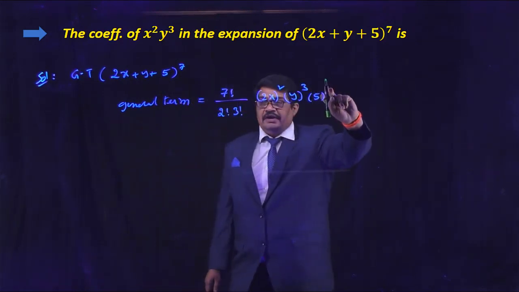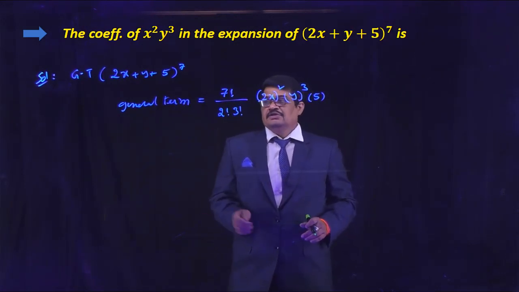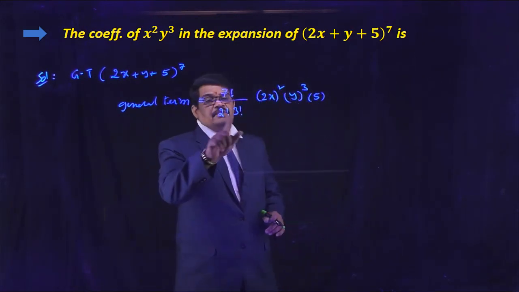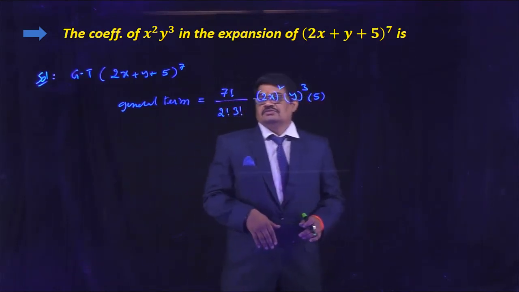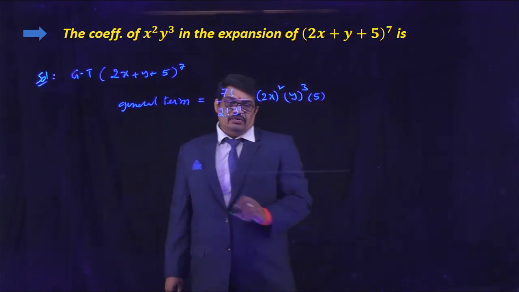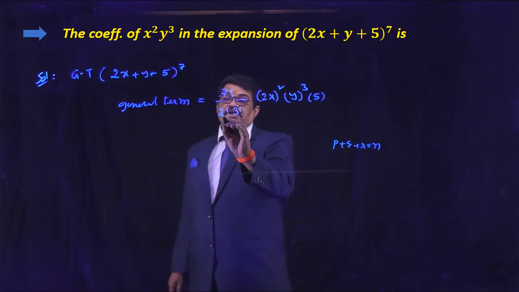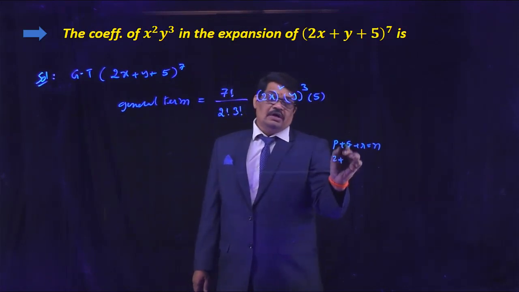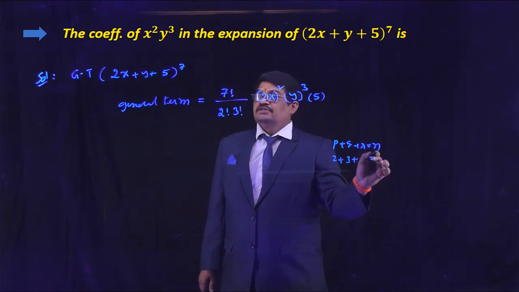Here we are writing the third term's power. The total is 7, and 3 plus 2 is 5, so the remaining power is 2. P plus q plus r is equal to n. Here p is 2 and q is 3, and n is equal to 7.